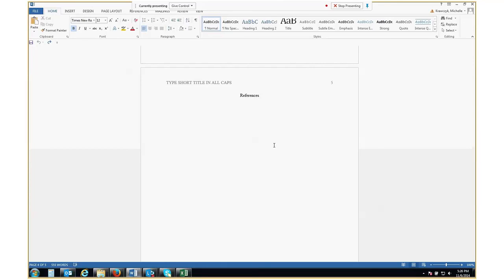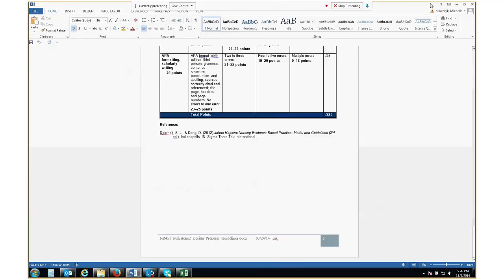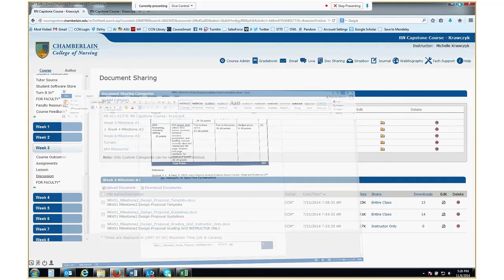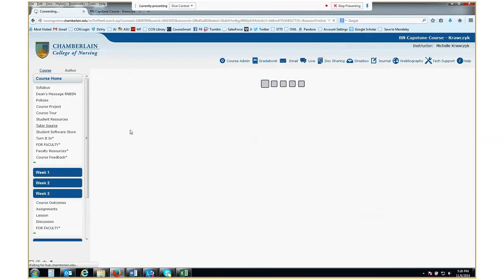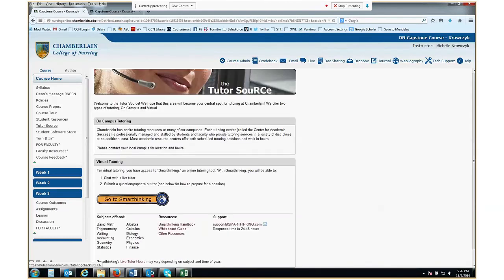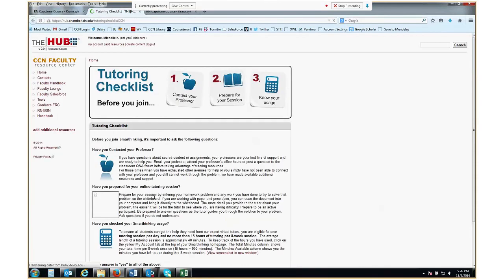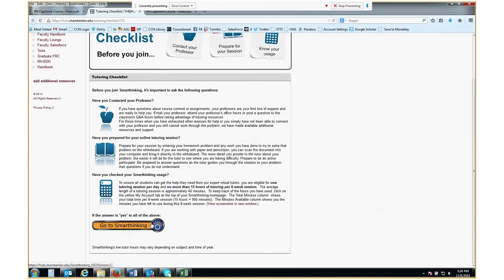I do recommend that you use Smarthinking. If you go to your course homepage and go to Tutor Source, and then go to Smarthinking, you will be able to submit your information there.